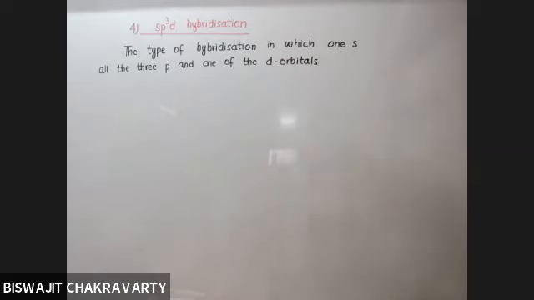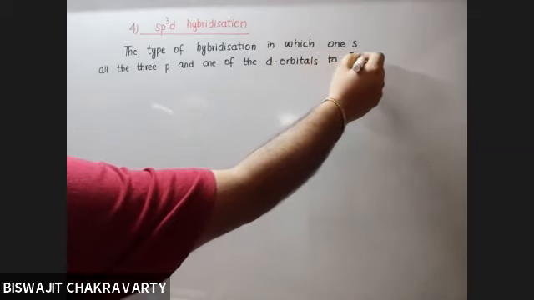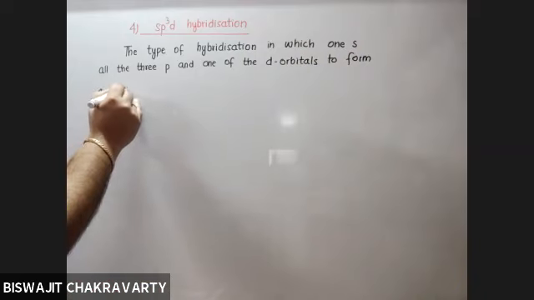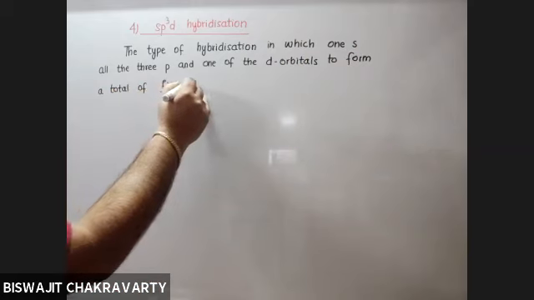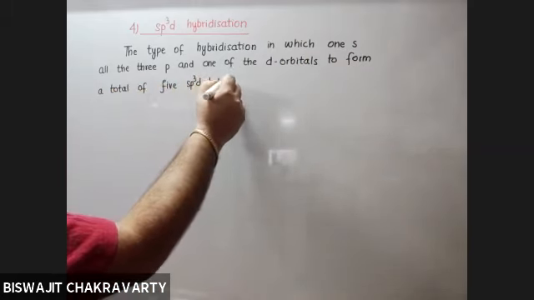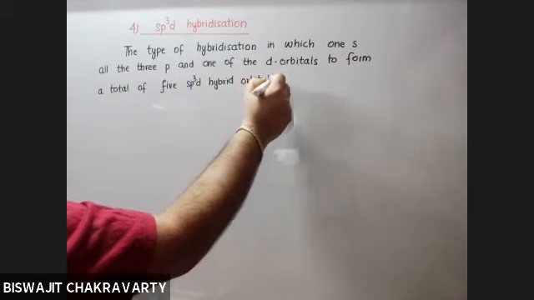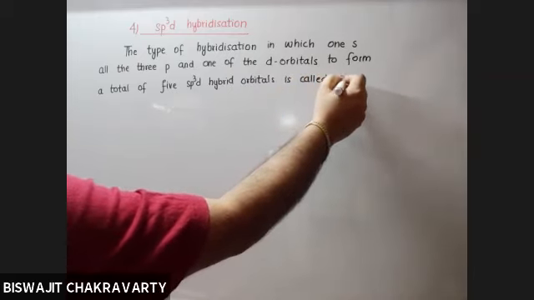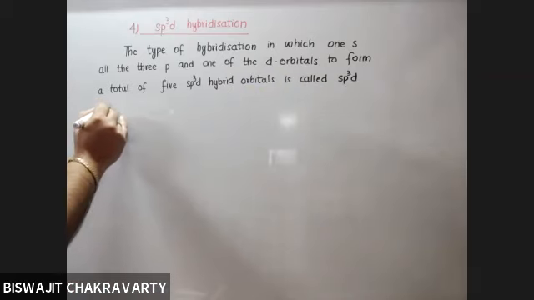One of them will be involved to form a total of 5 sp3d hybrid orbitals. This is called sp3d hybridization.